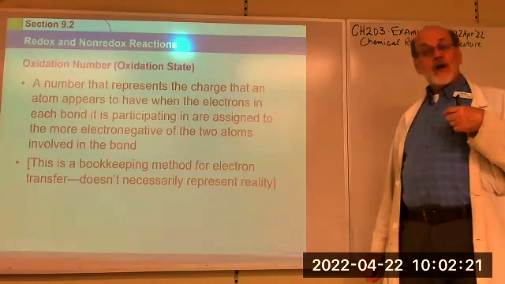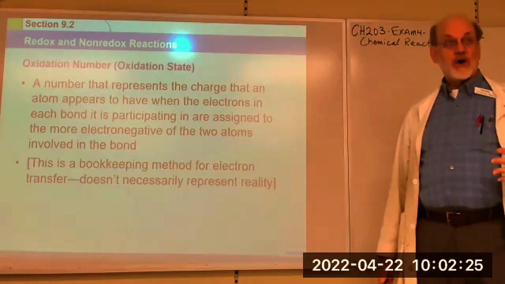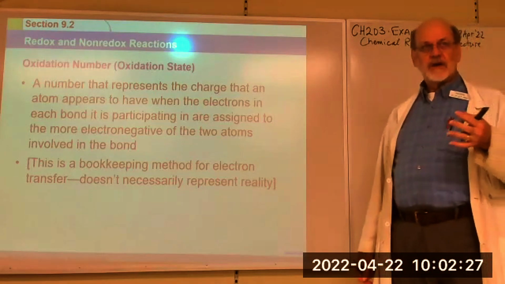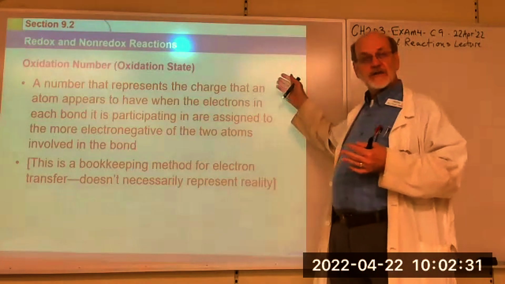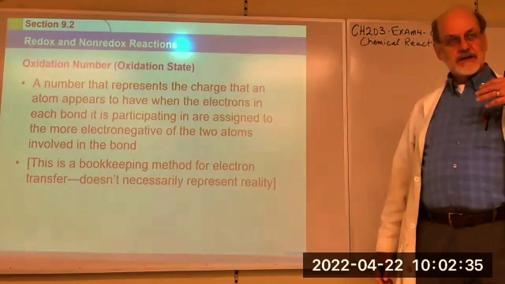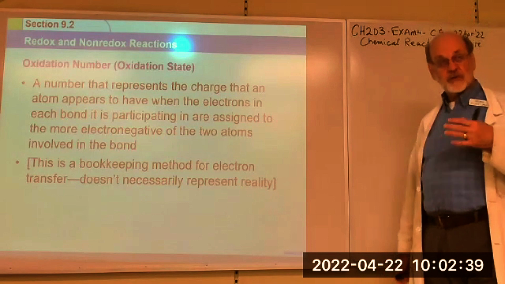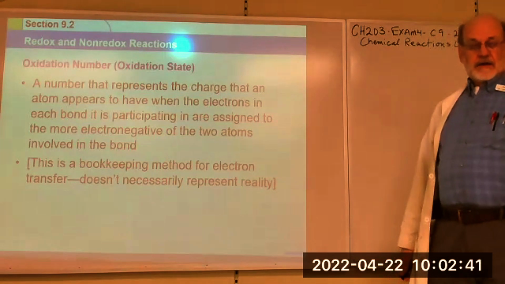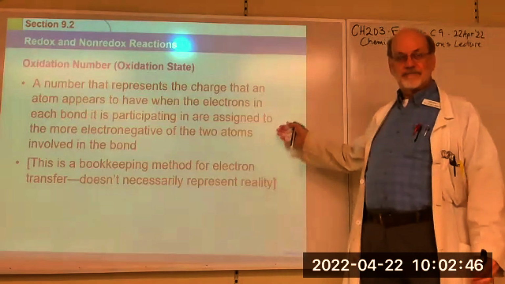Now, if they're all ionic compounds, then they will be charged. That's true. But you can use oxidation states in covalent compounds to help track the flow of electrons. And just realizing that in those types of compounds, they do not have charges.